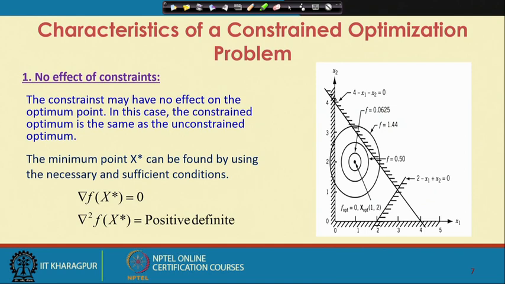Note that the feasible region is such that the constrained optimum is same as unconstrained optimum. In this case, the minimum point x star can be found out by using the necessary and sufficient conditions for unconstrained minimization, that is gradient at x star equal to 0 and the Hessian at x star is positive definite. So, that x star is a minimum point.